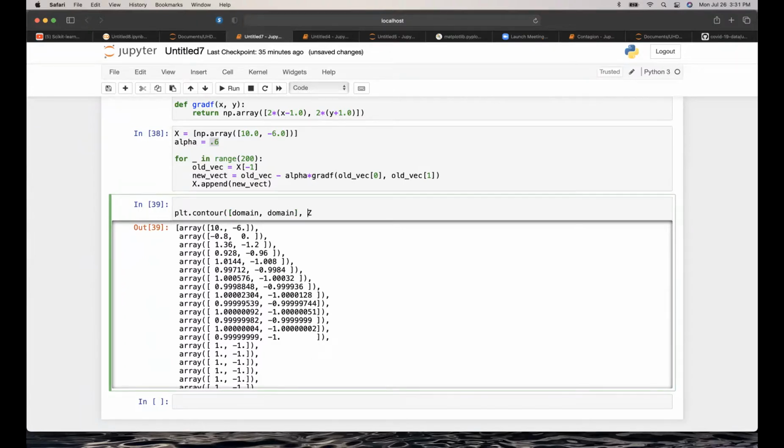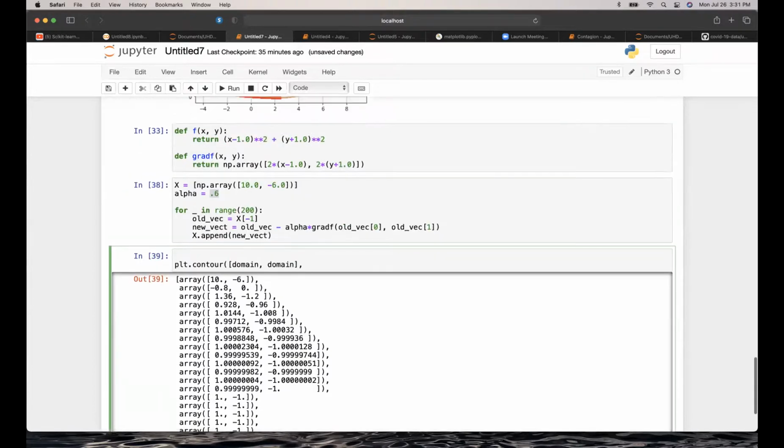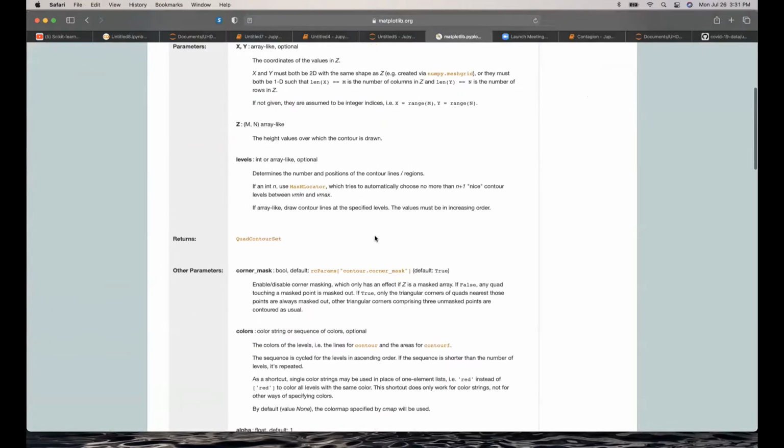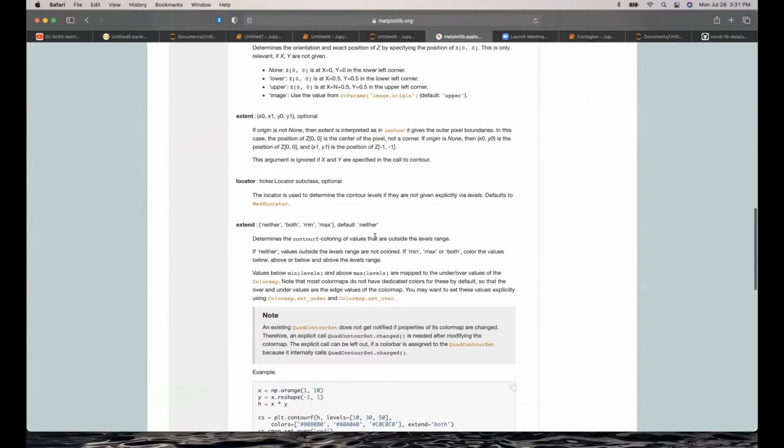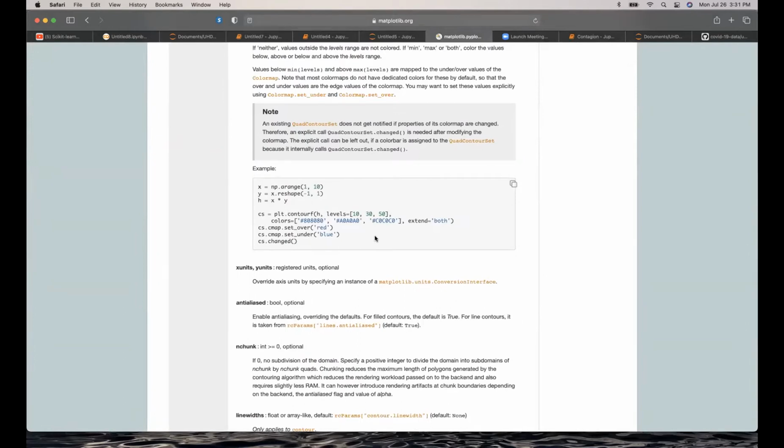And then now you make a Z, which is going to be F of... how can I... oh yeah, there's got to be a better way to do this. Hold on.